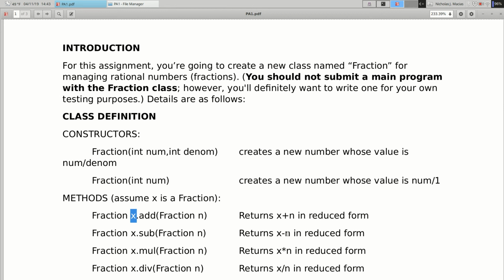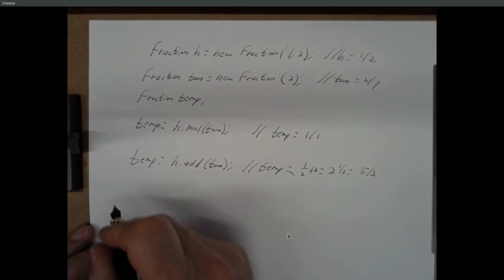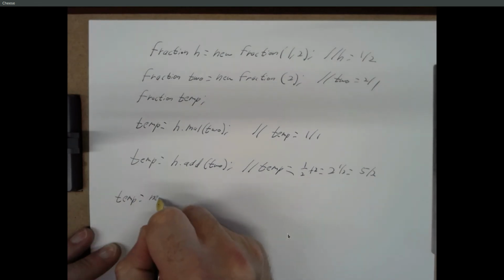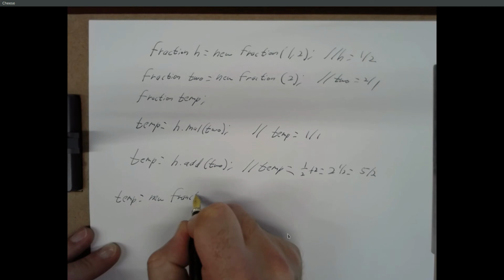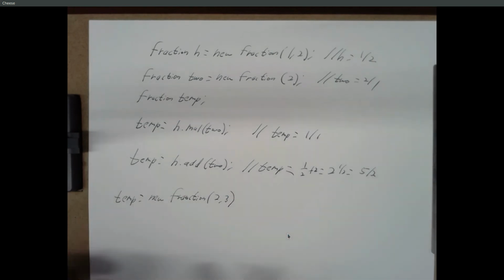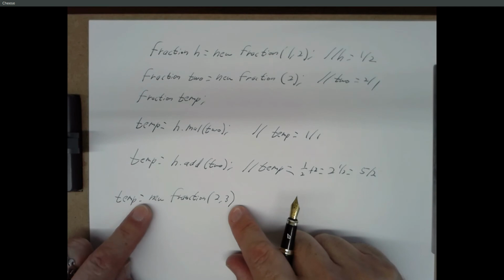So high level behavior, you can add, subtract, multiply, divide, and you can do things like this. I can say give me a new fraction, let's say 2/3. Well, new fraction 2 comma 3, that is a fraction, which means it has an add method, a subtract method, and so on.